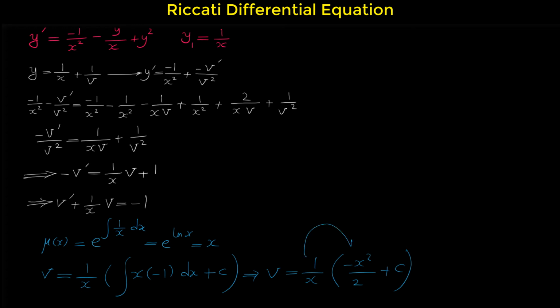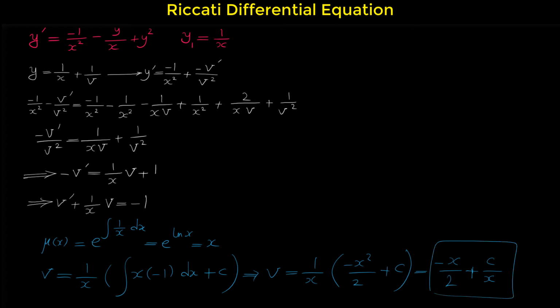If you like, you can multiply this 1 over x into the bracket, which gives negative x over 2 plus c over x. If you multiply this 1 over x in here, x with x² cancels, x in the numerator remains. So we have negative x over 2. And if we multiply 1 over x by c, we have c over x.